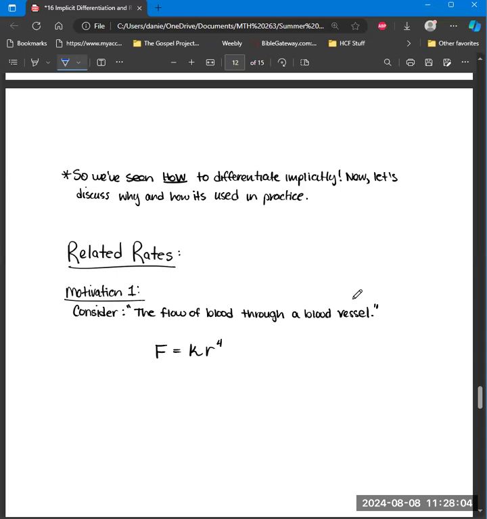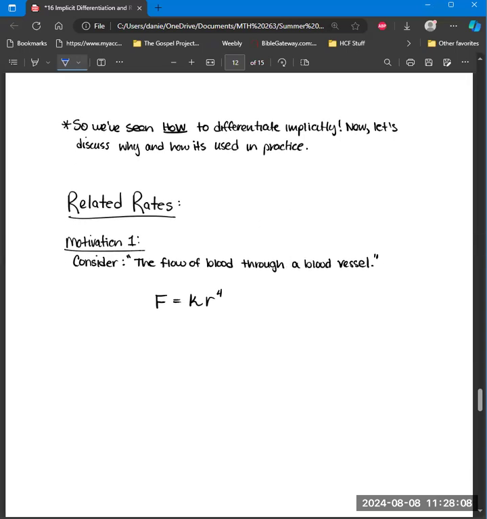Now that we've seen how to differentiate implicitly, let's discuss why we are going to need to know this. The main reason is going to be for related rates, and this is going to be used in creating mathematical models.